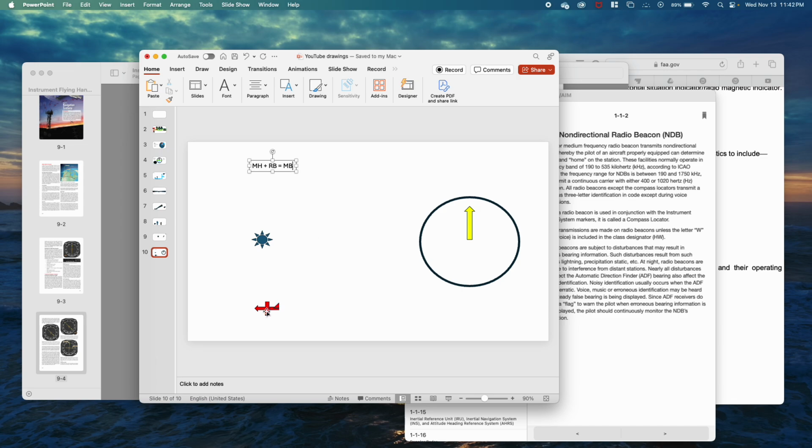So magnetic heading, that's exactly the heading you fly. So this plane right here, its magnetic heading is 270, facing due west. Relative bearing is what you're going to see off of the needle. So assuming this is north, this is east, that's south, that's west, right?